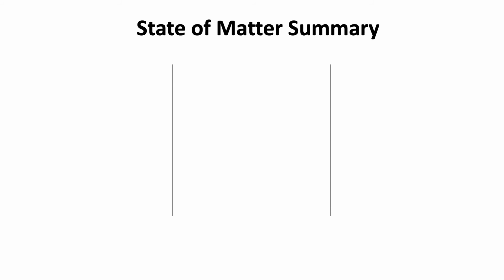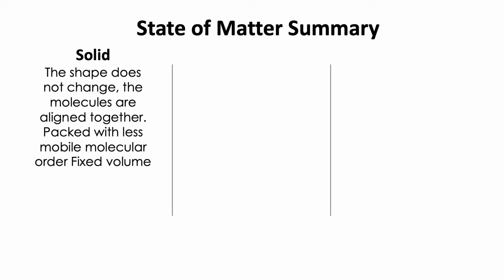Now, what is the first one? Solid. Then the second one, liquid. And then the last is gas. Now, solid: the shape does not change. The molecules are aligned together and packed with less mobile molecular order, fixed volume.